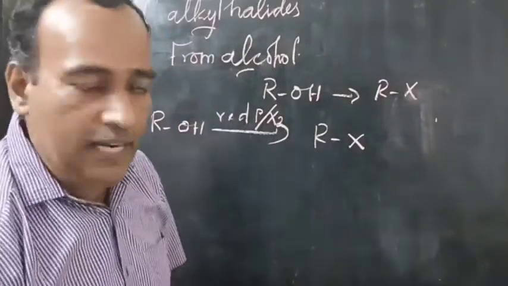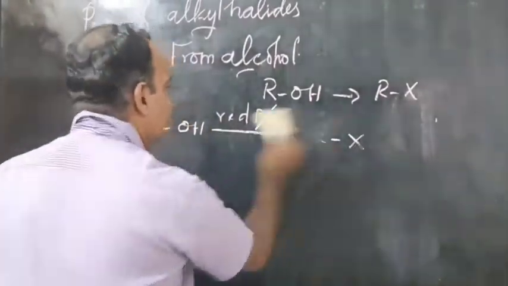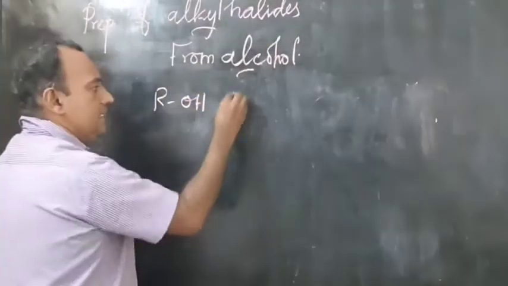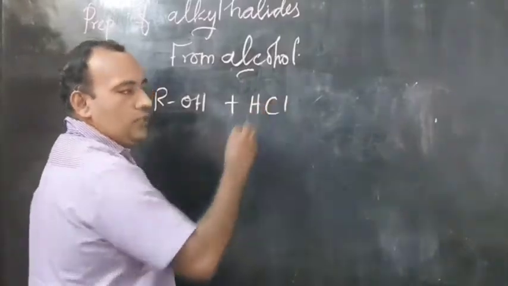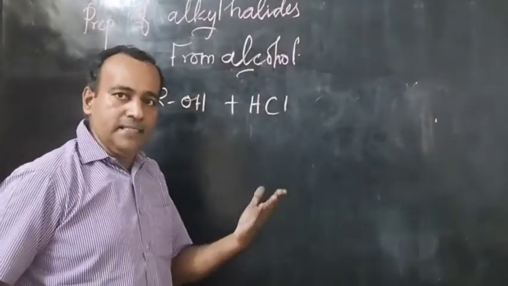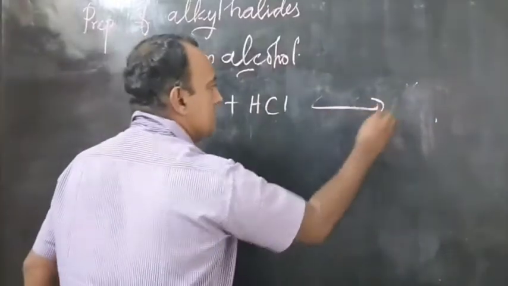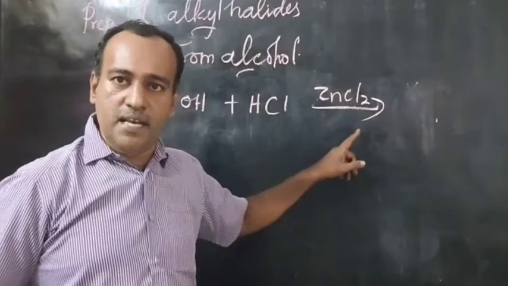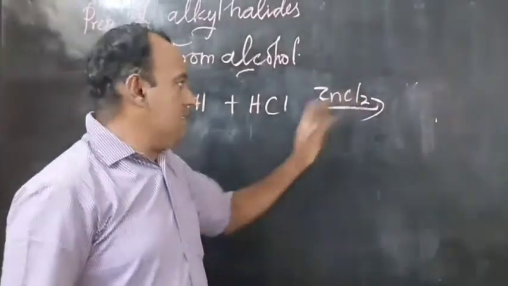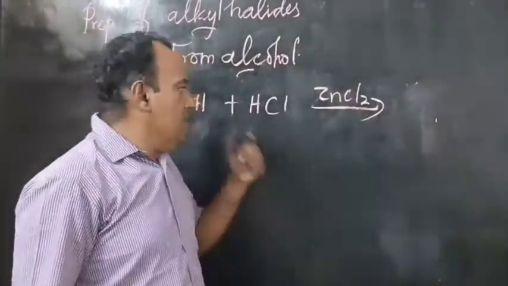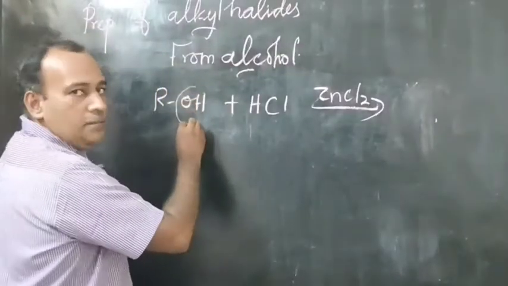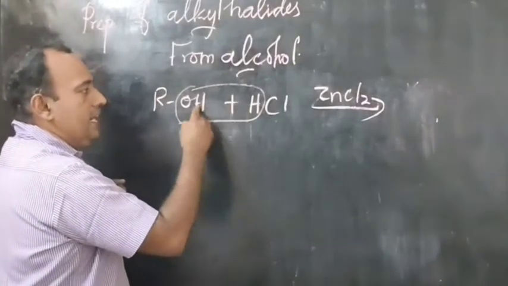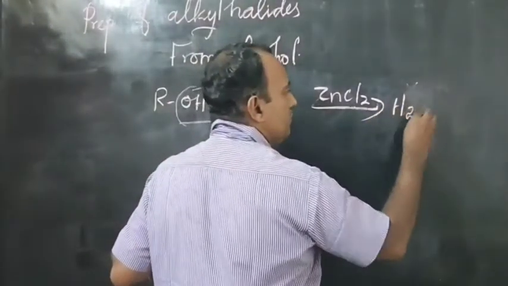Another method is alcohols when heated with hydrogen chloride, that means hydrogen halide, in the presence of anhydrous zinc chloride as catalyst. We have this OH from alcohol, take this hydrogen and we get H2O.